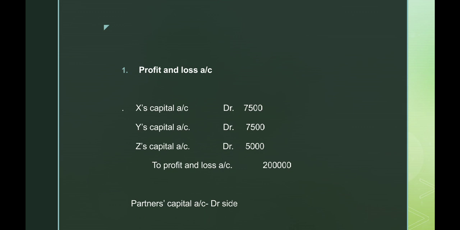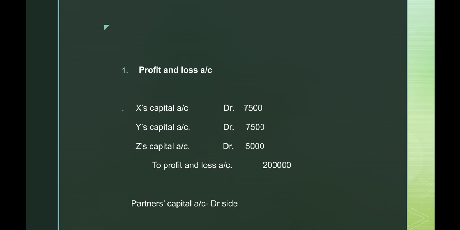Let us see the posting for this in partners' capital accounts again. Below advertisement campaign expenditure, they have written to profit and loss account with the respective amount in the columns of X, Y, and Z.